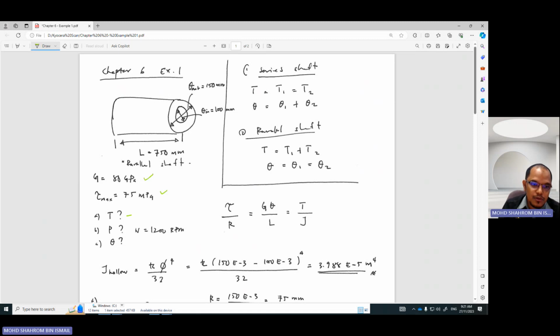How much is the torque to support that can withstand with the maximum of shear stress about 75 megapascal? Berapakah daya receh yang perlu atau yang mampu untuk support atau compensate dengan shear stress yang maksimumnya mempunyai magnitude sebanyak 75 megapascal.